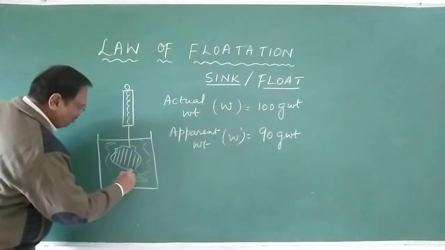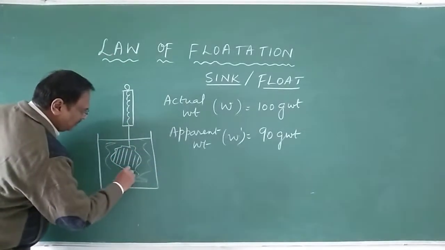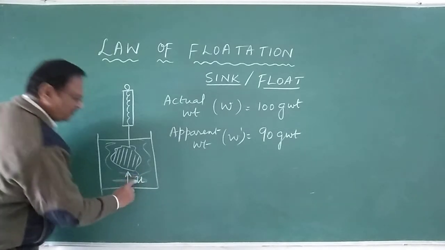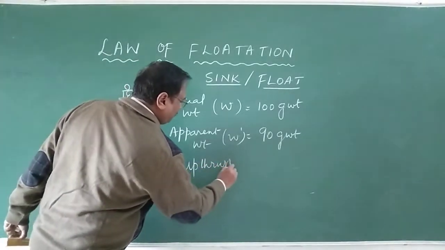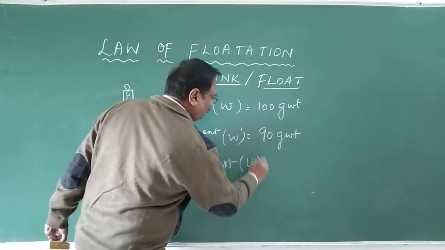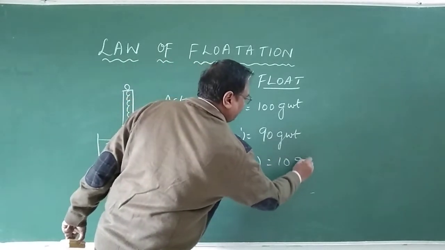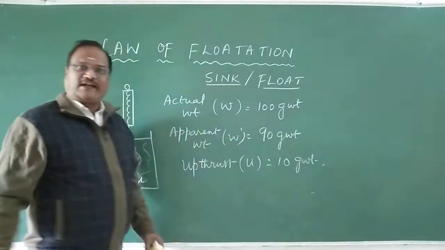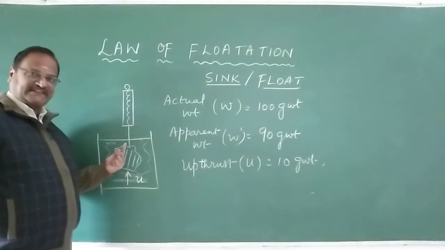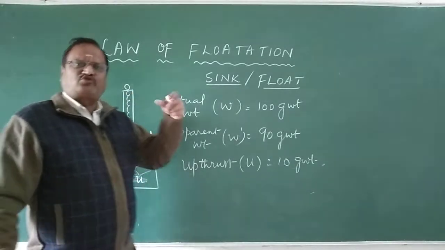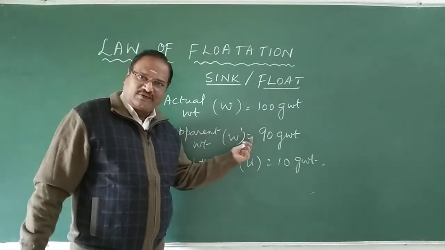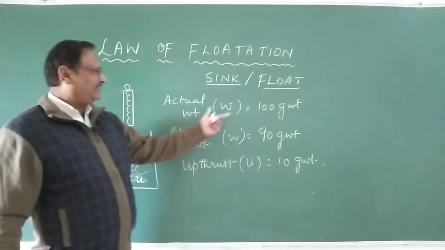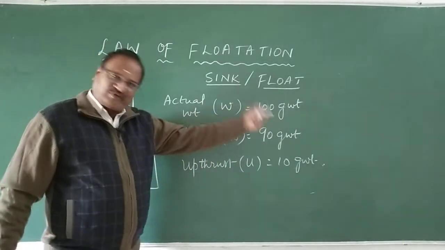Because the stone is being pushed upward by the upthrust of the water, and the upthrust, which you can call U, is equal to 10 gram weight. So due to the upthrust, the weight appears to be less, and that is why it is apparent weight. Once you take it out into air, it will again have the same 100 gram weight.